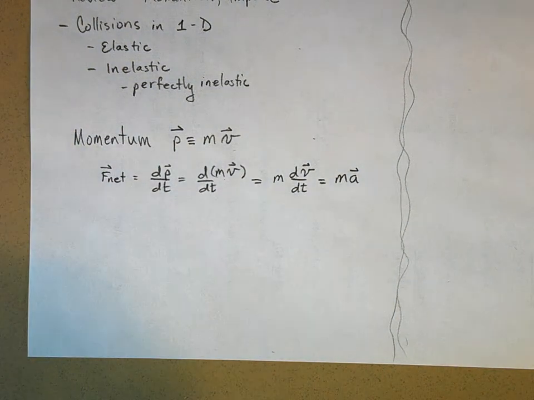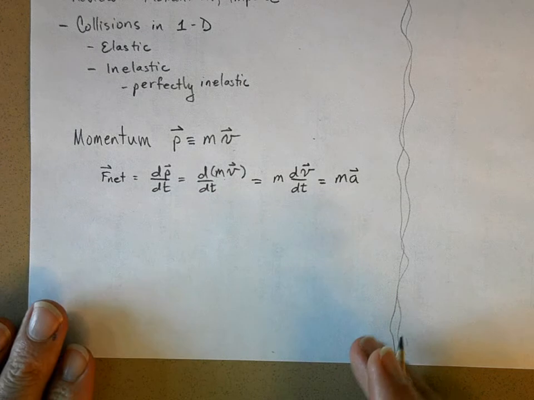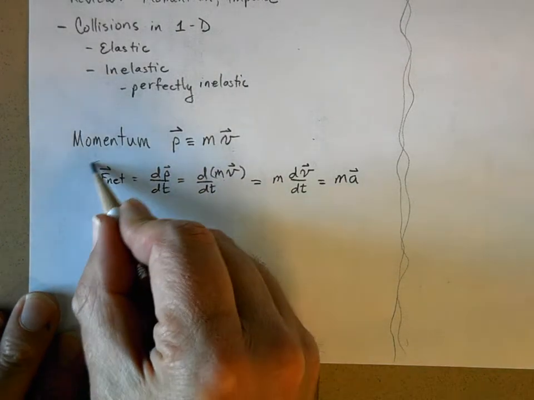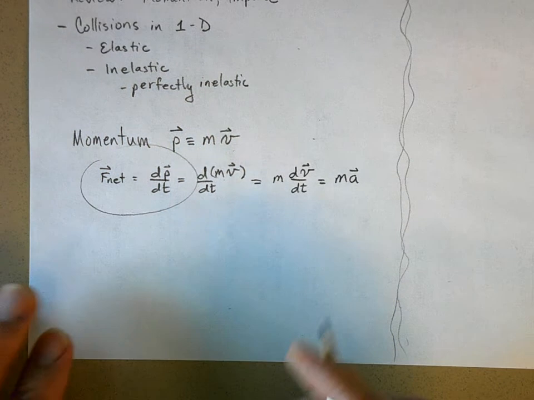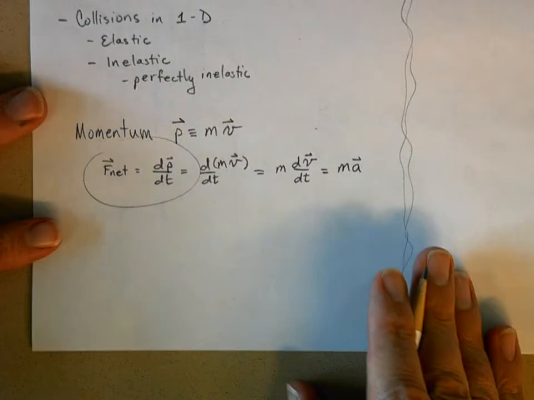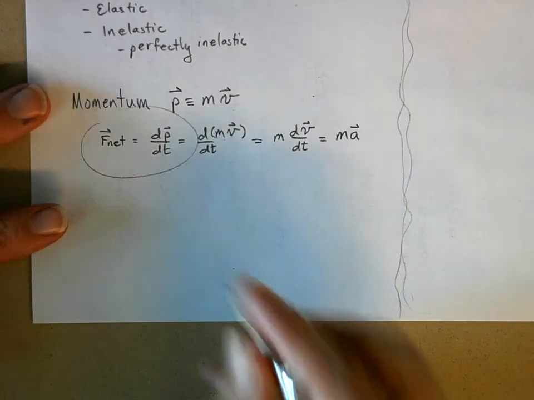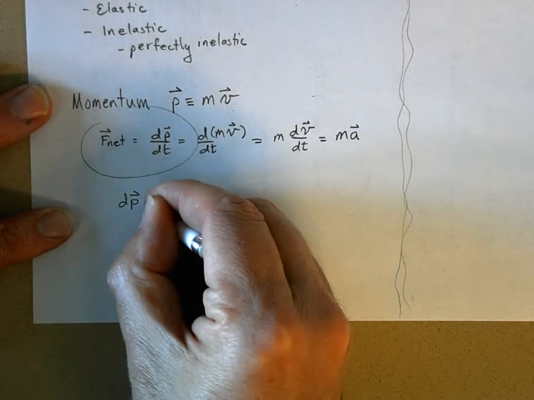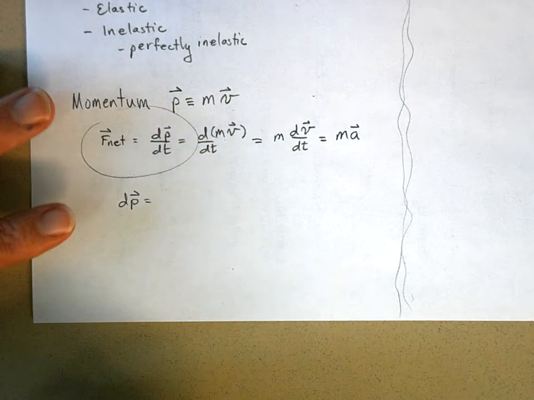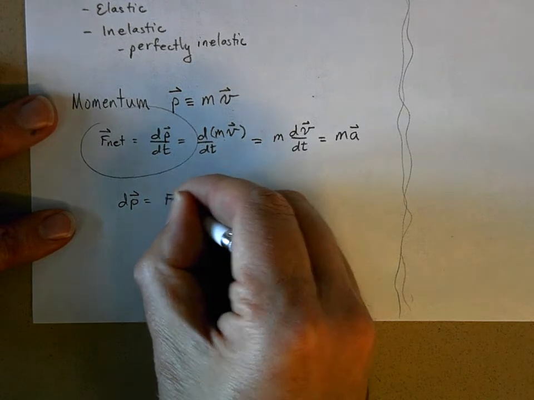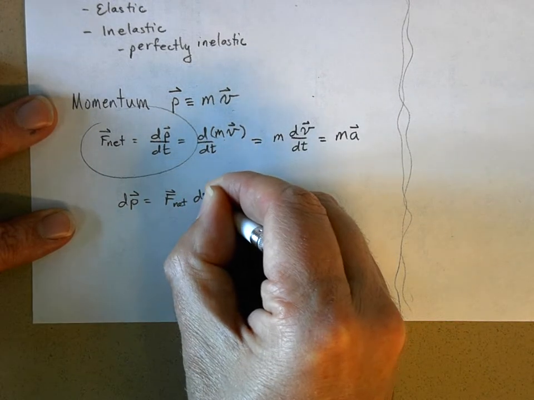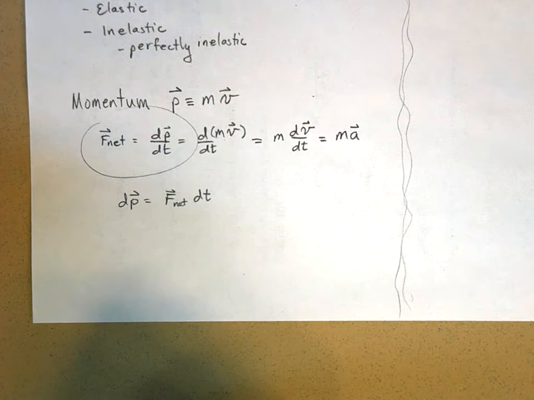All right. Now we took this expression for the net force and we rearranged it a little bit to define what impulse is. If I say a tiny change in momentum is equal to that net force times a tiny change in time.